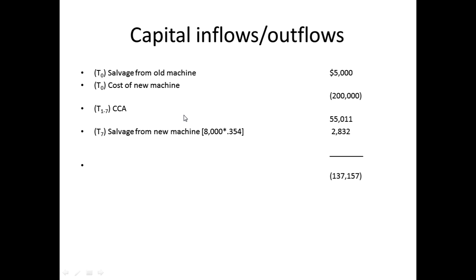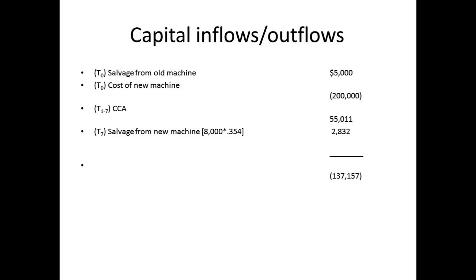With this machine, we're assuming no manual tailors are needed, and the capital outflows in this case are 137,157. The CCA claim, the benefit is 55,011, higher than the other machine because the semi-automatic machine costs more.